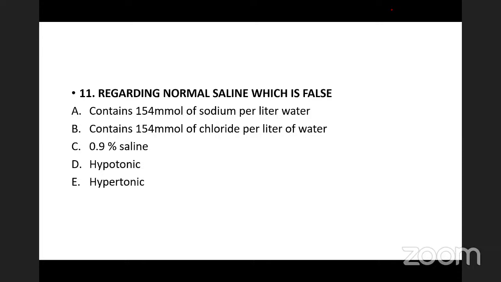Now, A is correct. It has 154 millimoles of sodium in a liter of water. B contains 154 millimoles of chloride in a liter of water. That is also correct. It is also called 0.9% saline. That is correct.